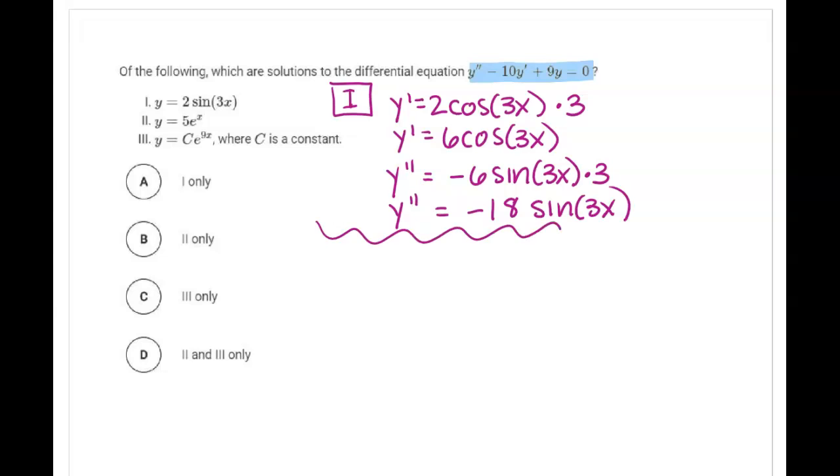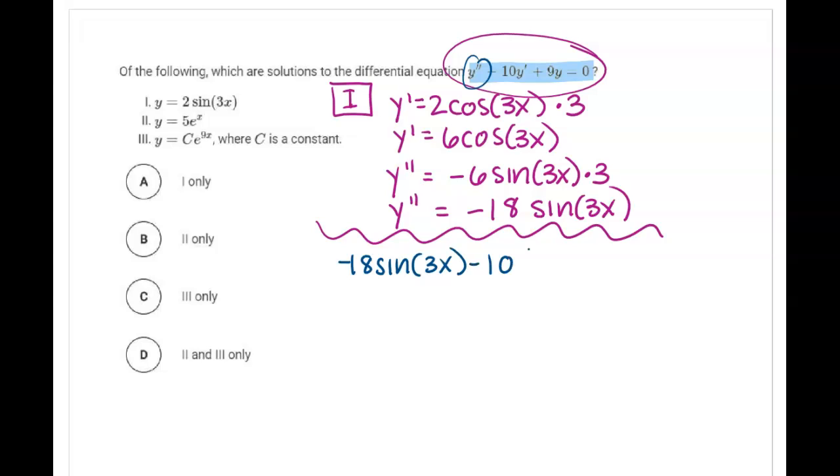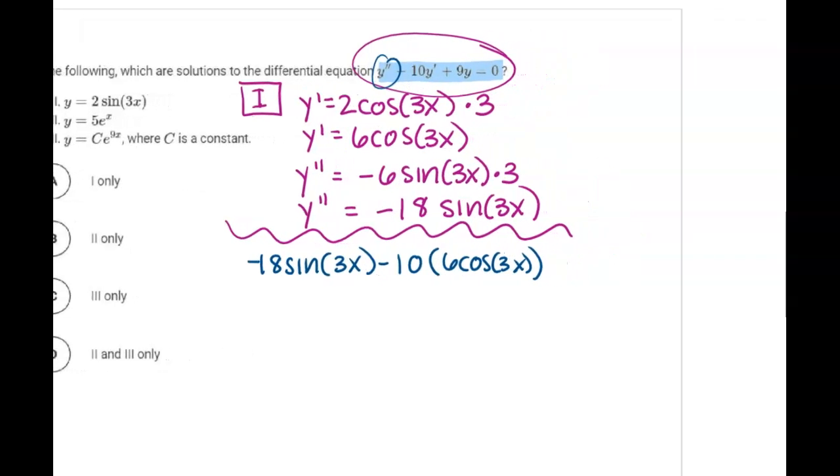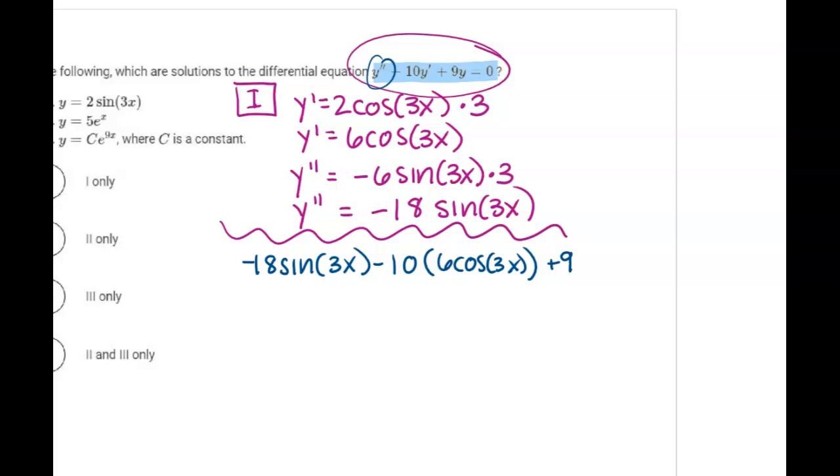So now we need to see if this works in our differential equation. So y double prime, which is negative 18 sine of 3x, minus 10 y prime, so minus 10 times 6 cosine of 3x, plus 9 times y, and our original function was 2 sine of 3x, should be 0.